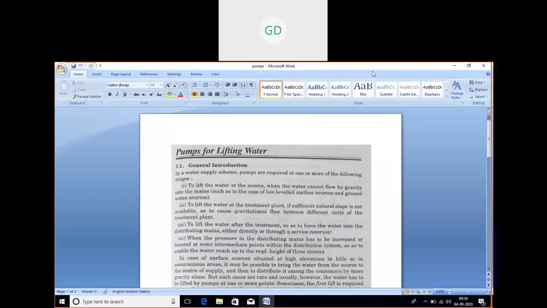So this is your first point. You see what it's written? To lift the water.